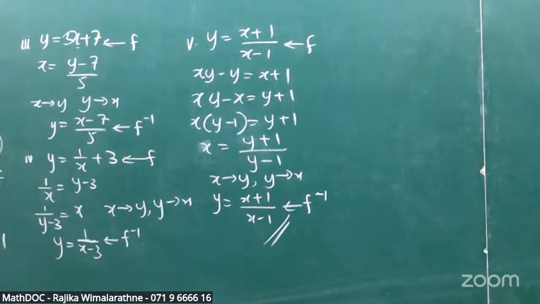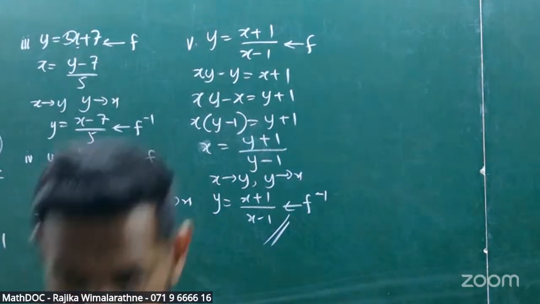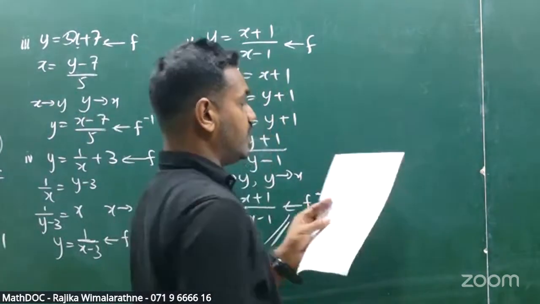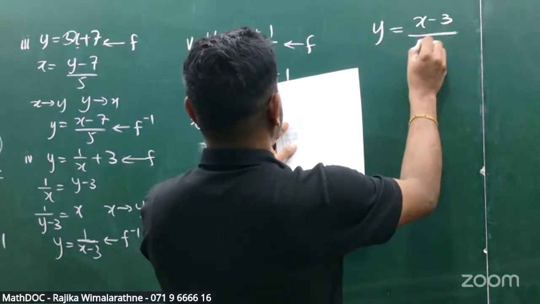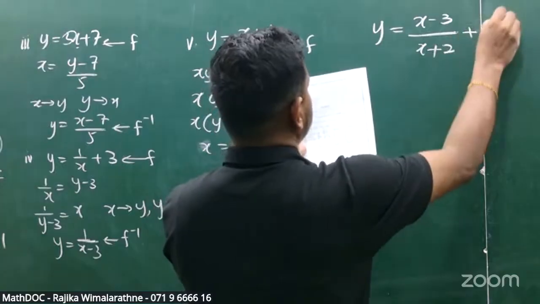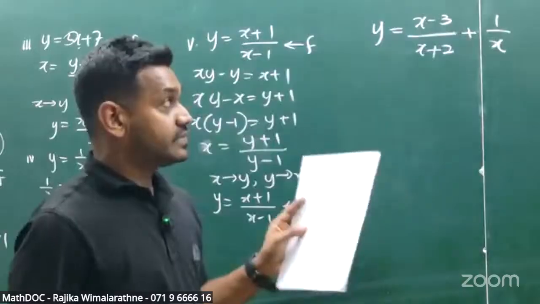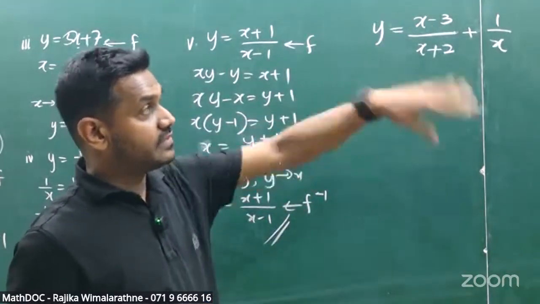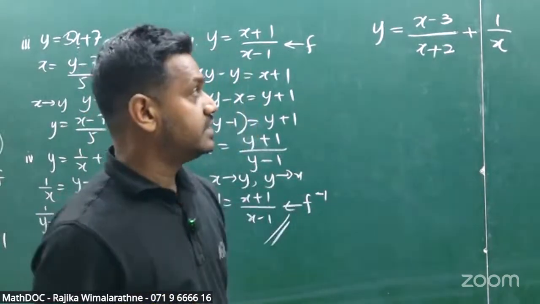Here y equals x minus 3 over x plus 2, plus 1 over x. Okay, so we have to subject x, no? Now here we have x in the numerator, denominator, and a separate term. So first of all, you try to compress it. So let's do this.